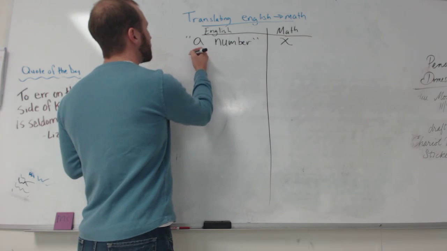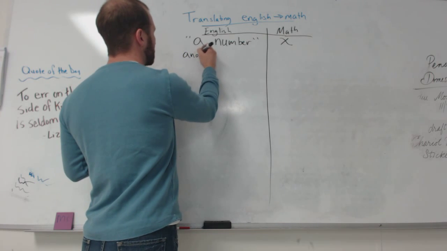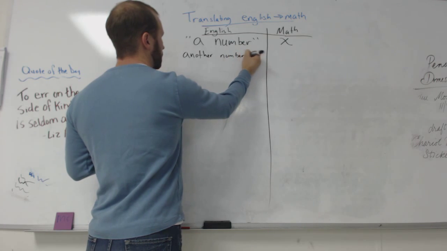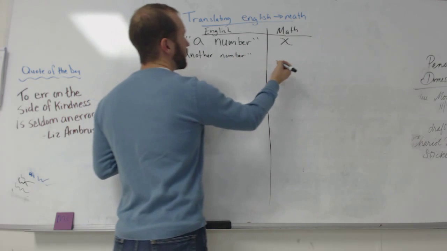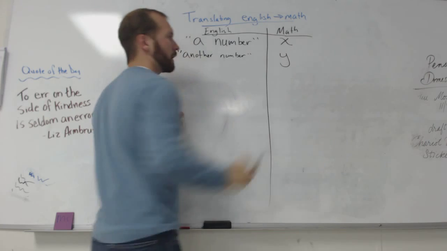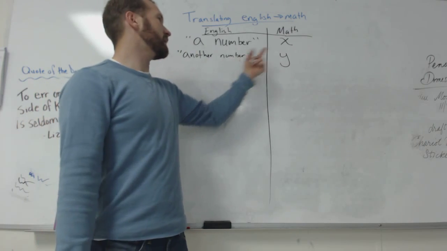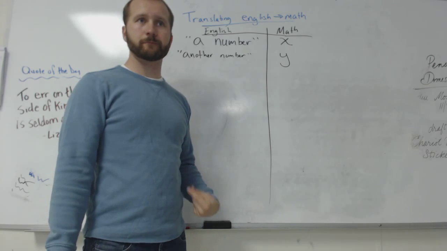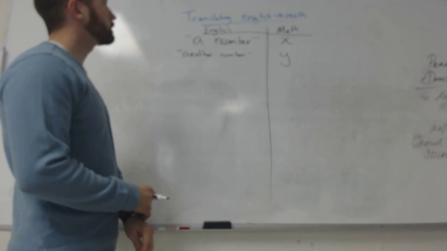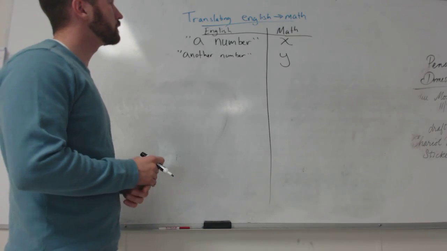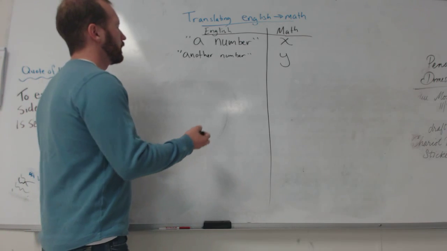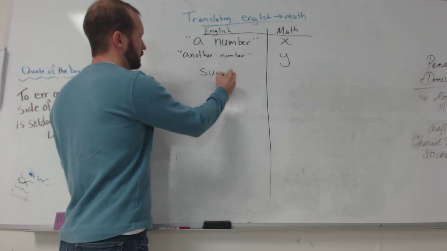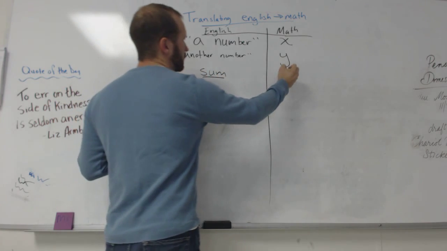Now if it said "another number" in English, then in math we might write y, just to show that this is a different number from that number. Sum means add.